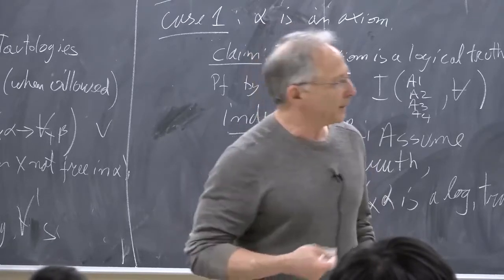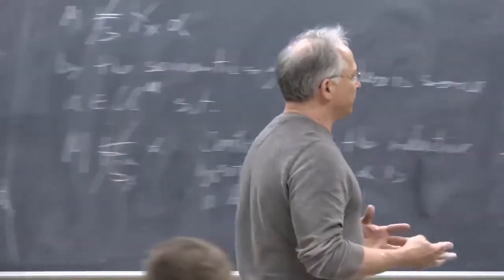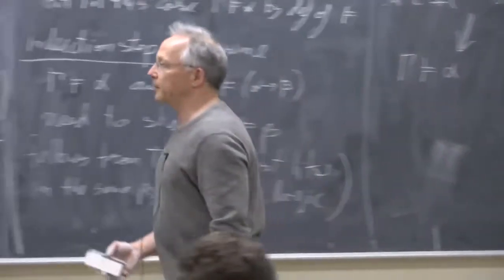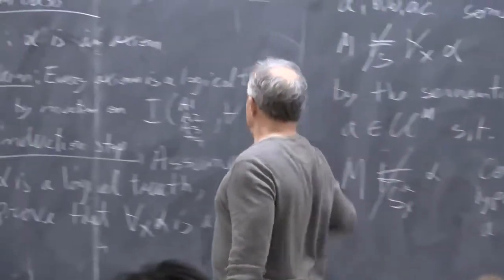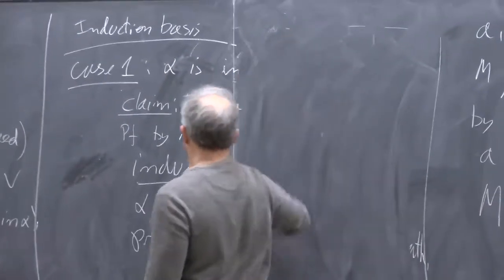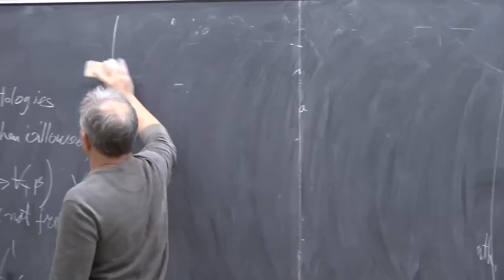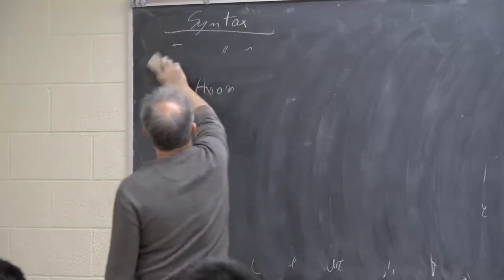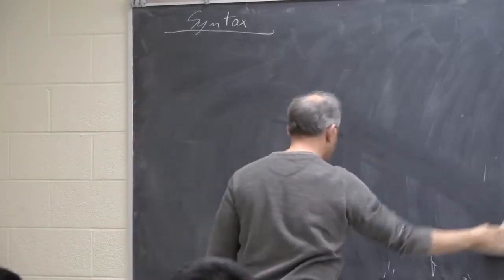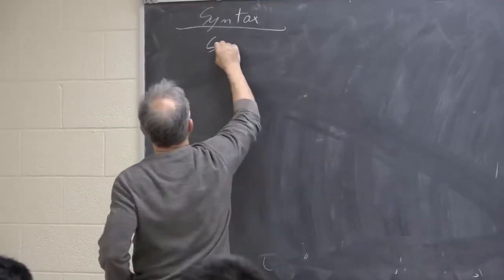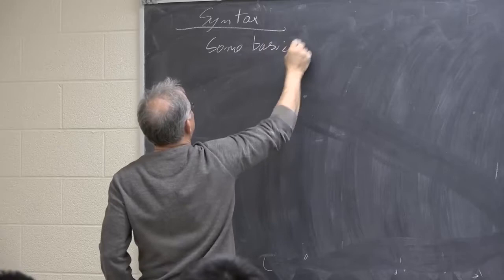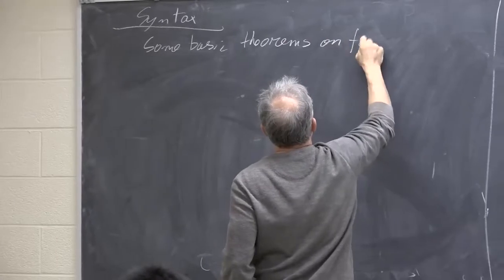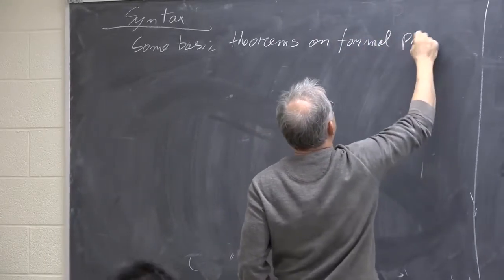Now I want some theorems about proving from assumptions, and I don't think I'm going to have time to prove them, but let me just mention them. They're all natural and simple to prove. So, some basic theorems on formal proofs.